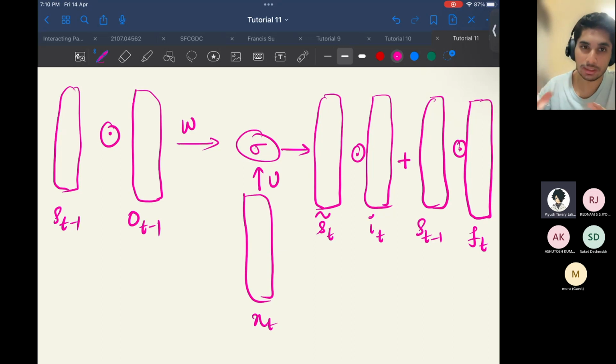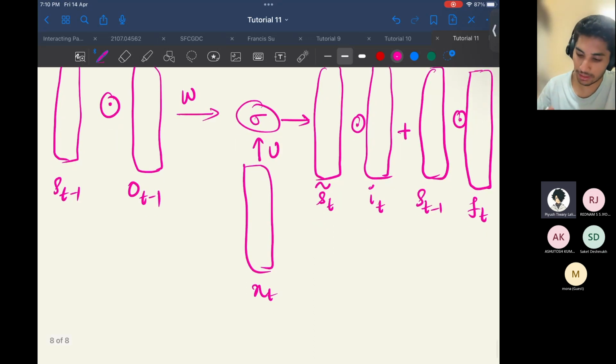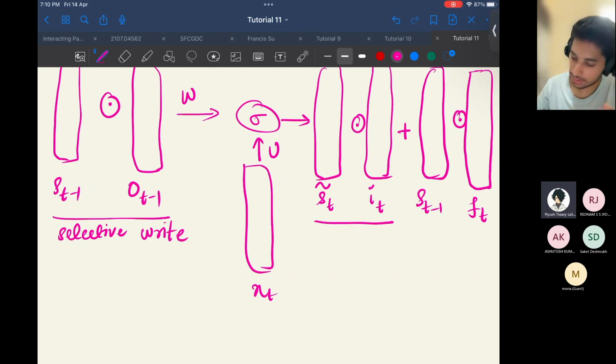This is what the general architecture of an LSTM is. On top of that, this operation is what we call selective write. This operation is what we call selective read. And this operation is what we call selective forget.